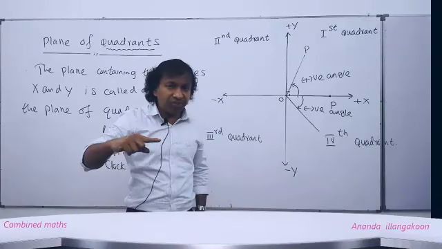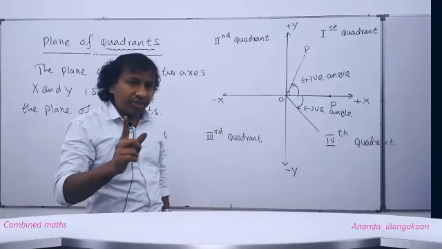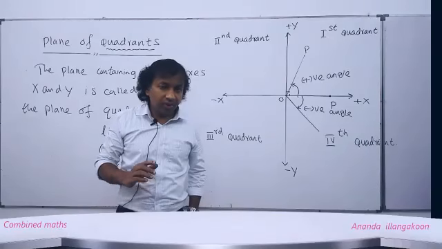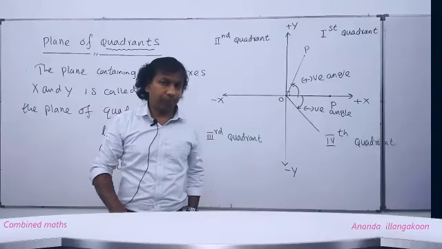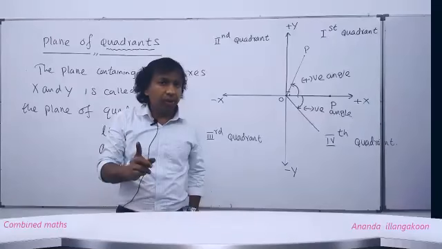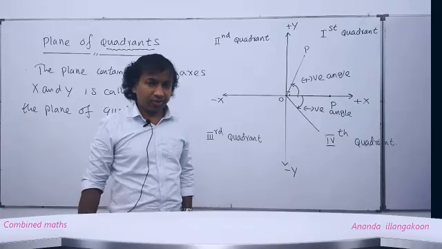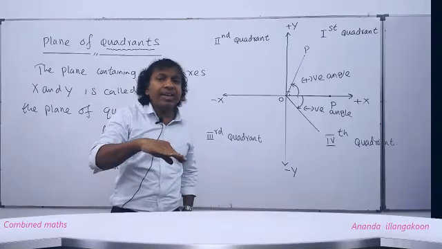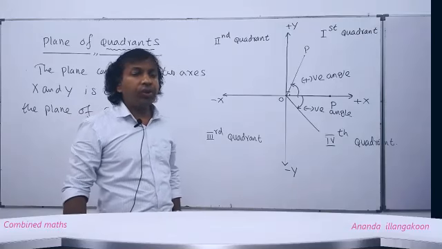Always we measure the angle starting from the positive x-axis up to OP, because initially this OP is on the positive x-axis. Wherever OP lies, the angle OP has turned through is measured starting from the positive x-axis.